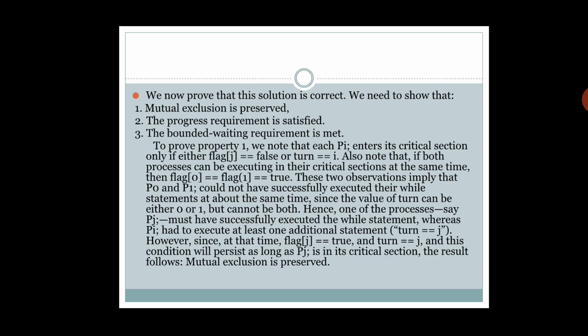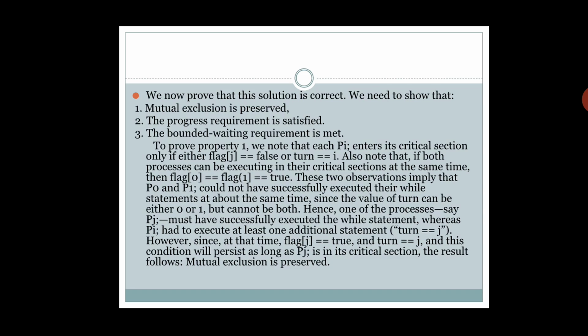These two observations imply that P0 and P1 could not have successfully executed their while statements at about the same time, since the value of turn can be either 0 or 1, but cannot be both. So based on the turn value only, whatever flag value you set will be decided with respect to the algorithm.